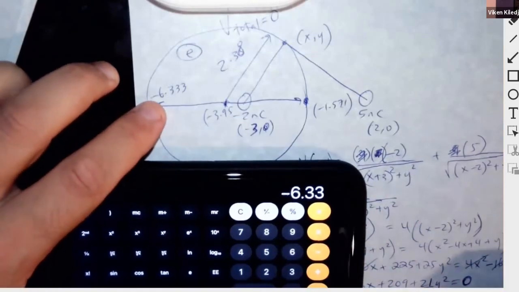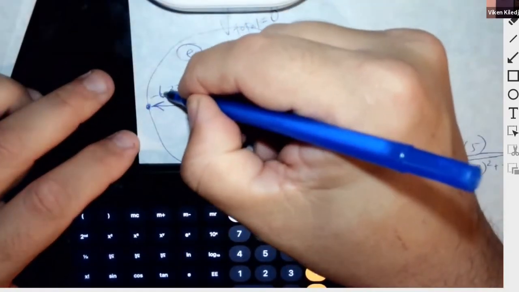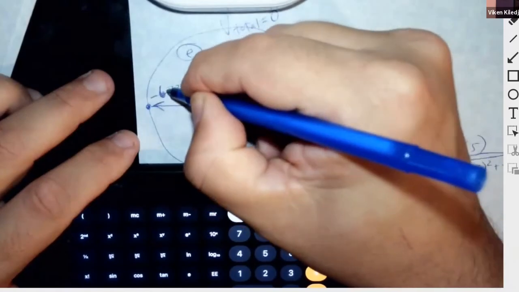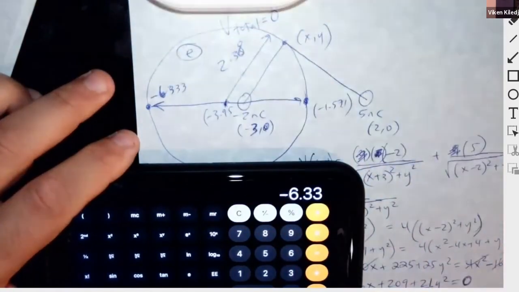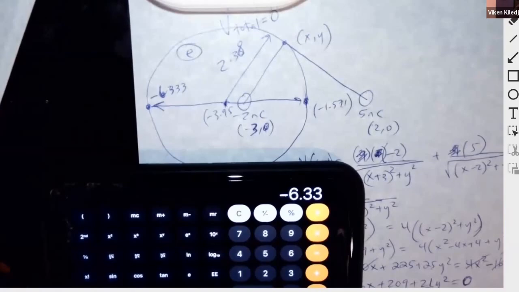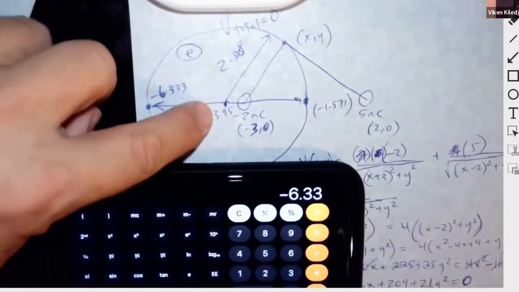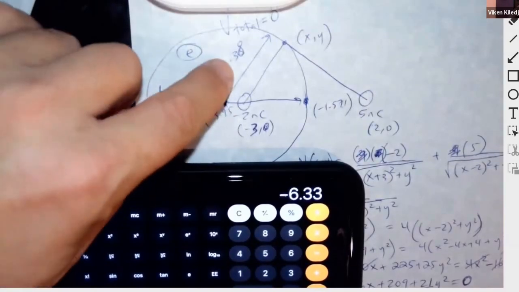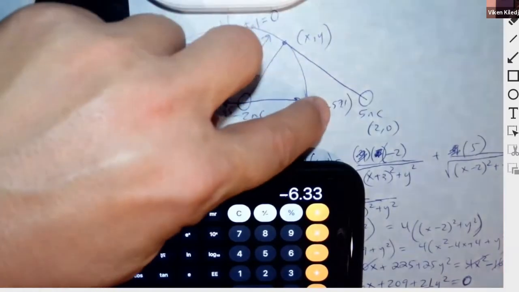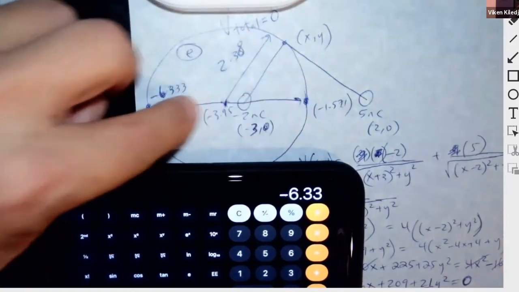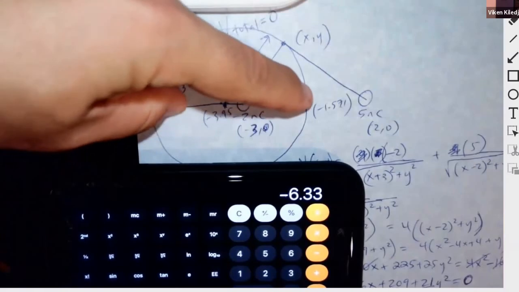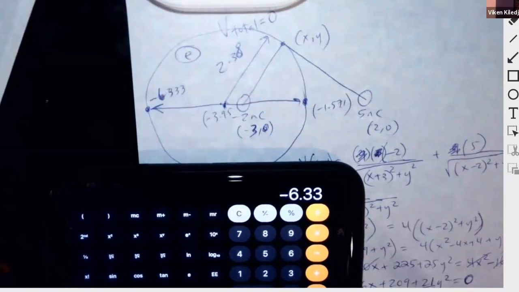Okay, negative 6.33. Cool. So that confirms our answer. If the center is negative 3.95 with a radius that goes in any direction, that gets you to the 2 points that you had found. Cool.